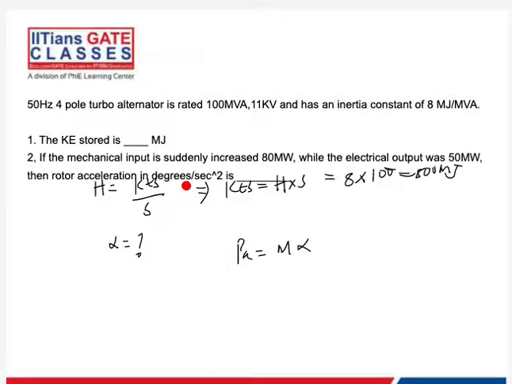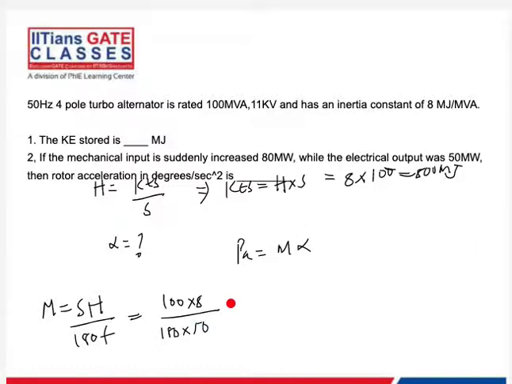Since they are asking for degrees per second, how do you calculate M? M is equal to SH divided by 180f. You can calculate it as 100 into 8 divided by 180 into 50, and you get it as 0.88.